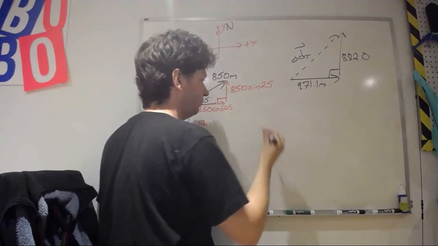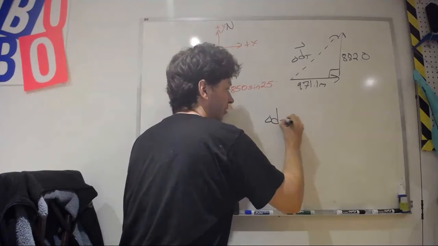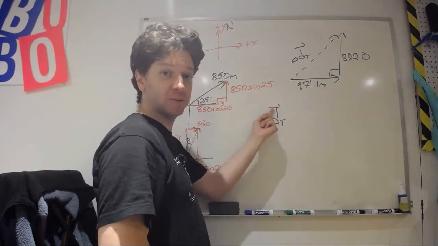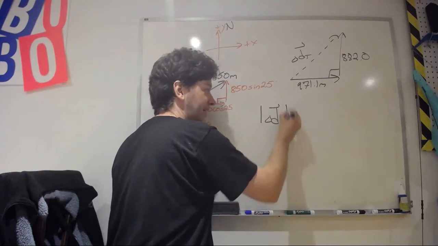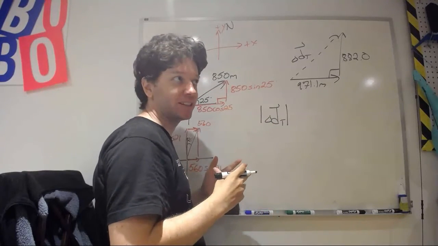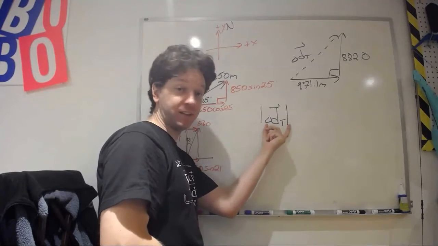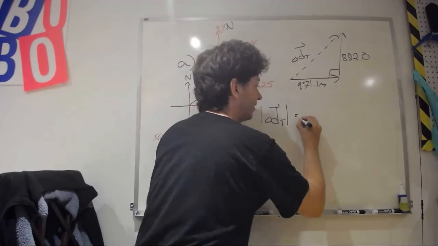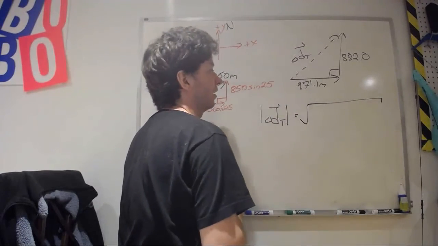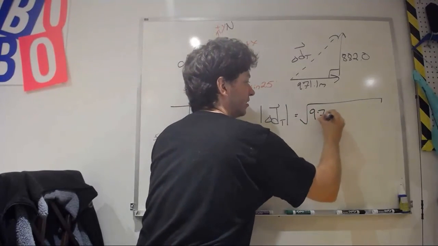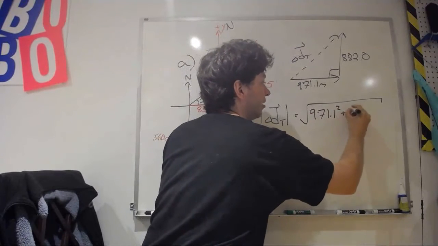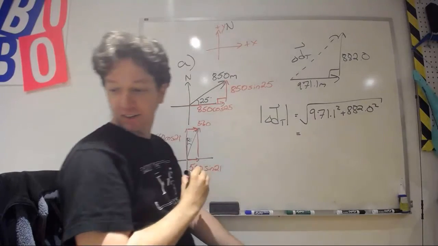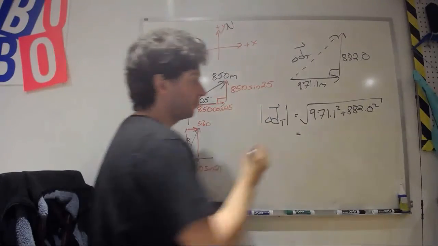To solve, this is our total displacement, which is a vector, and I can put an absolute value around that, which pretty much states I'm searching for the magnitude of that vector. To do that, we use the Pythagorean theorem, which is the square root of 971.1 squared plus 882.0 squared, and you get 1312 meters.